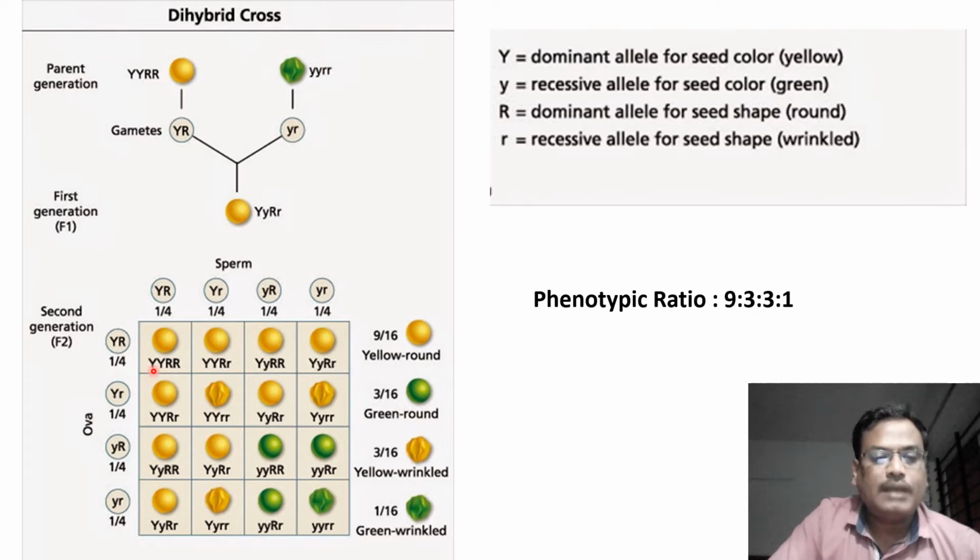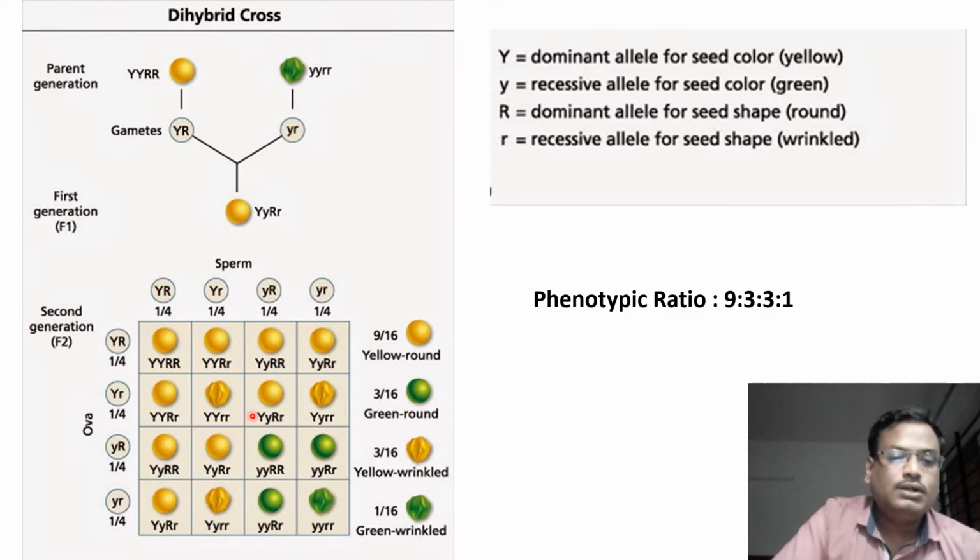Therefore, since capital Y is there, it is yellow, capital R is there, it is round, whether in one copy or two copies. This is also yellow round. But come here, it is yellow because it is having capital Y, but you observe the R, both the R genes are recessive here, therefore it becomes wrinkled. This is yellow wrinkled, again it is yellow round and it is yellow wrinkled, right?